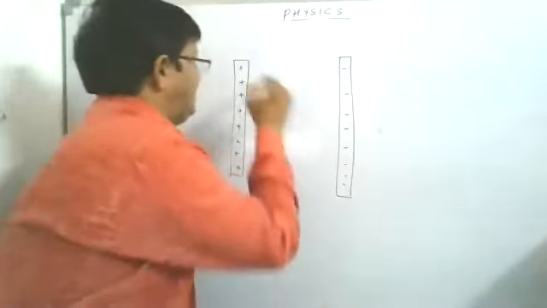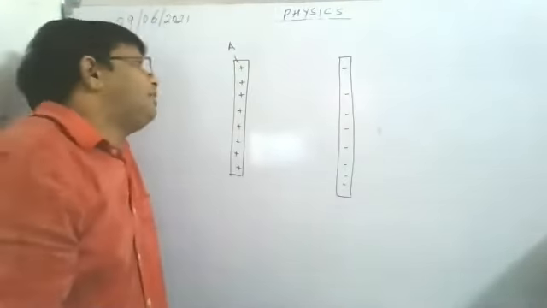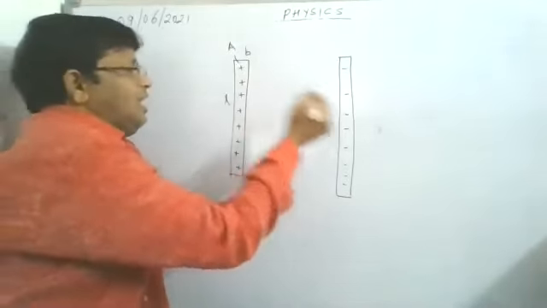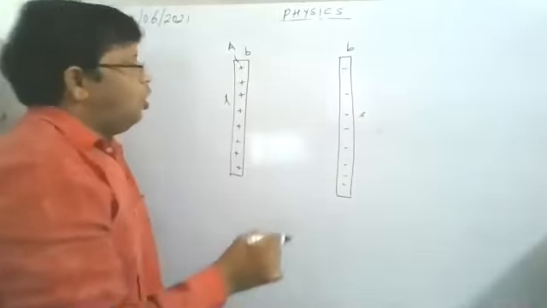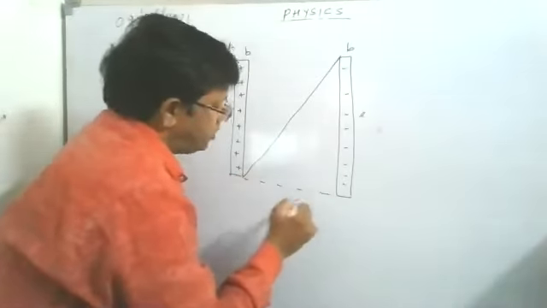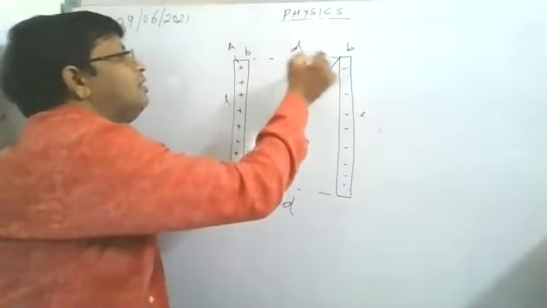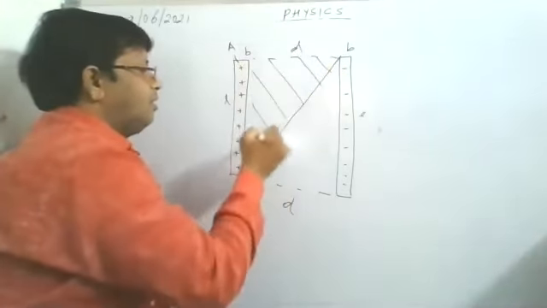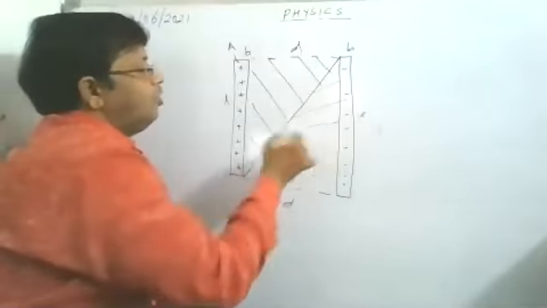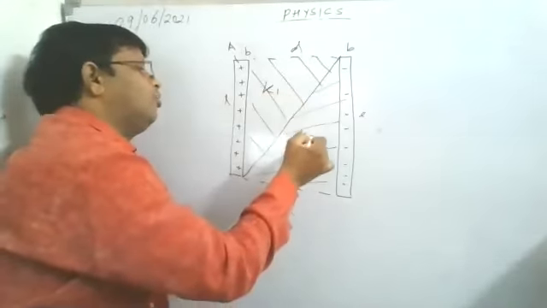It is given that the plate area is A, and the width of the plate is B and its length is L. Now, two dielectrics are placed diagonally. This one is the first dielectric. What is the separation? D. And this is the second dielectric. Now tell me, this is K1, this is K2.